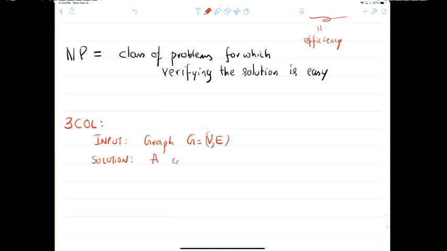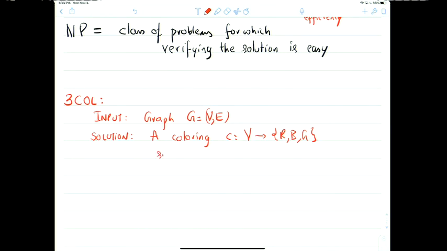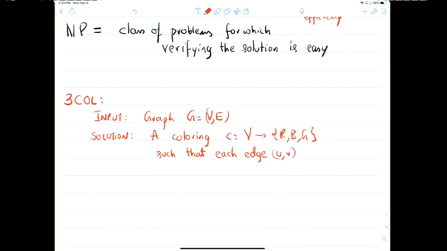A coloring is just a map C from the set of vertices to 3 colors, let's say red, blue, and green. You want to assign one of 3 colors to every vertex such that each edge gets 2 different colors. For each edge, the endpoints get different colors.